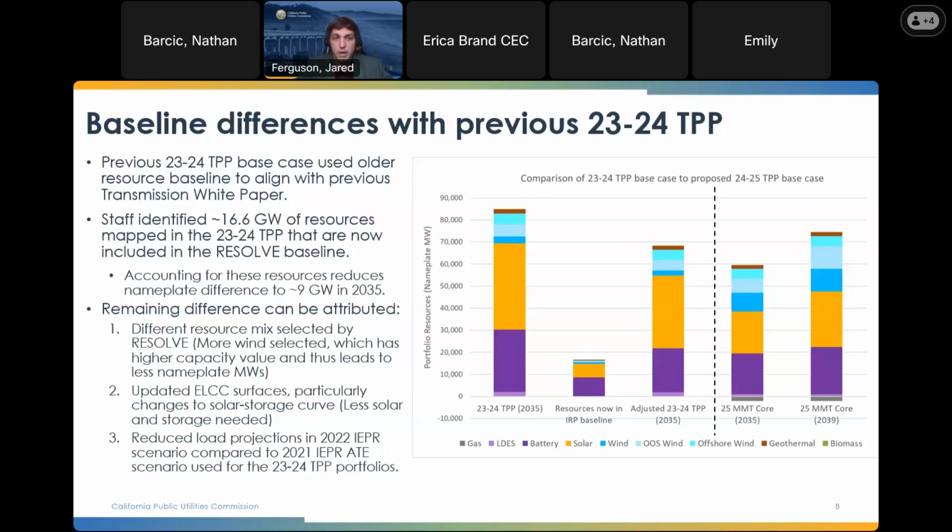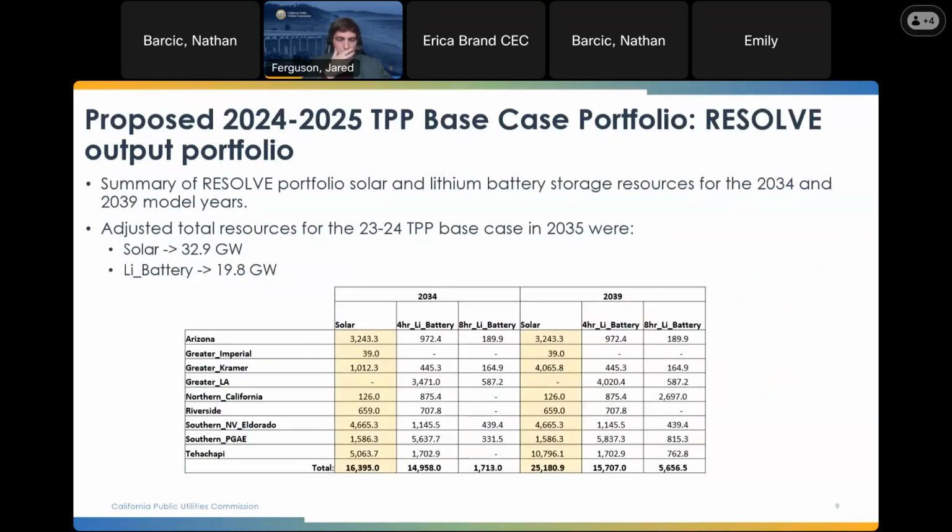It's the updated ELCC surfaces, the slightly lower load projections from the newer IPR load forecast from the CEC, and also the fact that we have different resource mixes selected by Resolve in this portfolio with significantly more onshore wind, which generally has higher capacity values than solar, and so less nameplate megawatts get selected. Next slide, please.